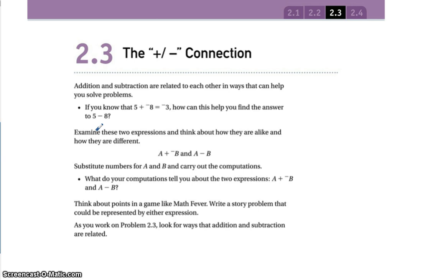Well, we know that if 5 plus a negative 8, our negative value has a larger absolute value, which means it is going to be further away from 0, and therefore our answer, the leftover distance, is a negative 3. We know that 5 minus 8, we cannot take 8 positive numbers away from 5 without having to borrow from our negative side of our number line.